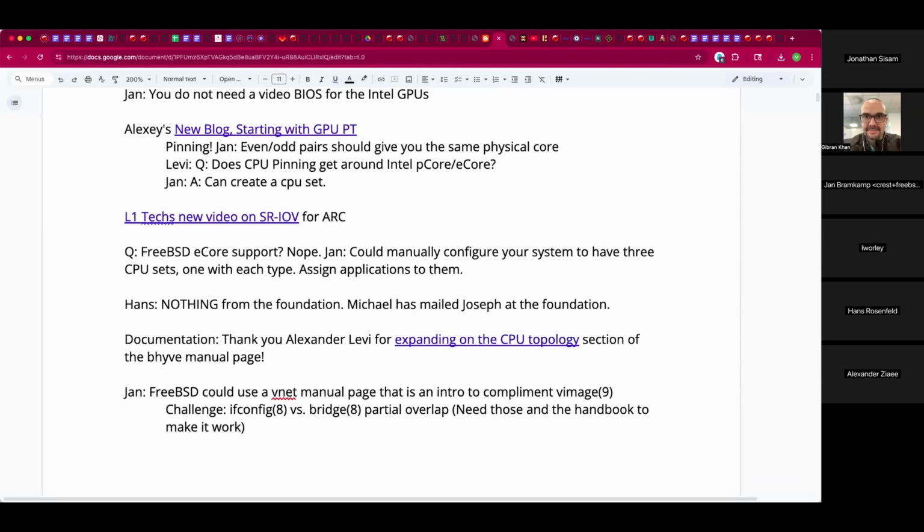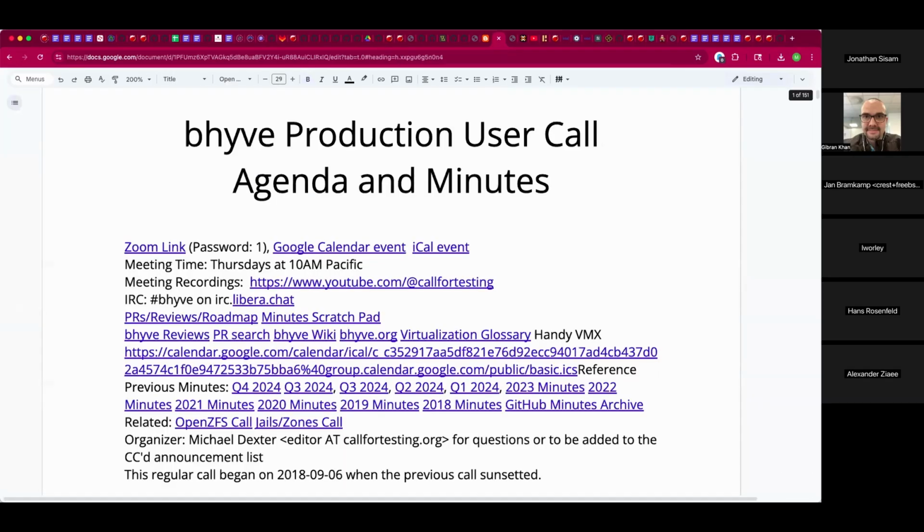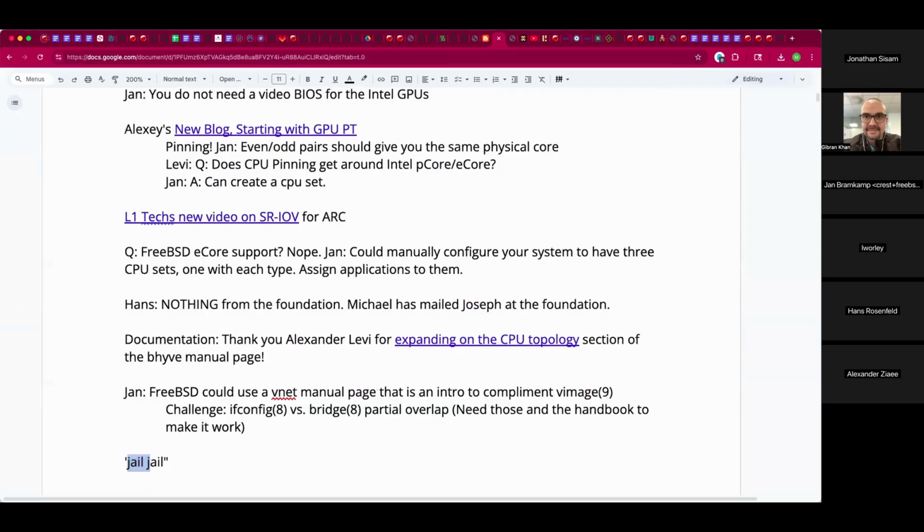So, did you say ZFS jail? ZFS jail command. And again, it's more like the bits are there, but you already have to know how to assemble them. Yeah, this is a classic problem.